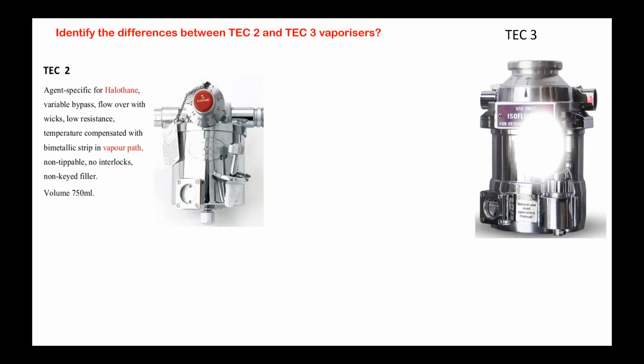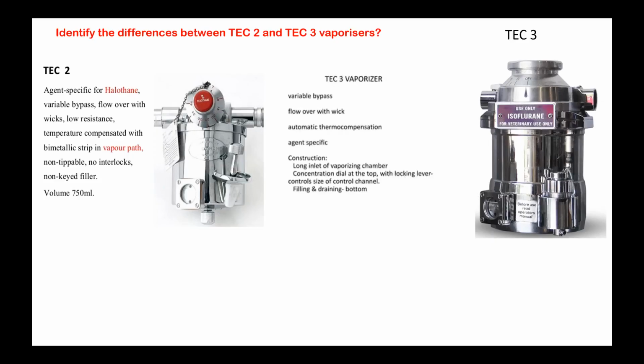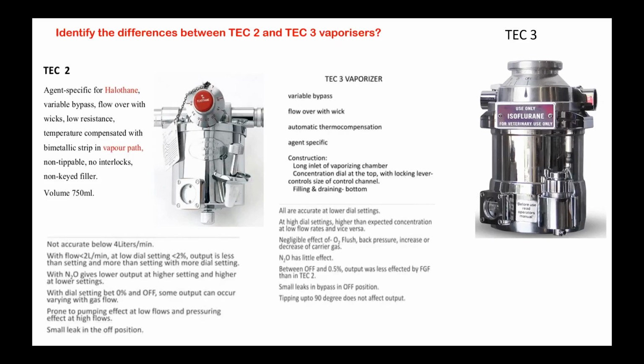And the difference between Tec 2 and Tec 3, these are all the questions examiners used to ask in the earlier times. So this is the main thing, dial position and filling method, and the metal, all these things are a little different here. I don't think they'll ask you all that now.